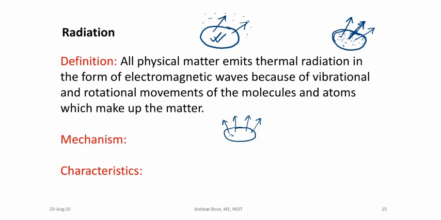Now coming to the characteristics, there are two very important characteristics of radiation. The first one is that if the temperature of the body is high, then the rate of thermal radiation coming out is more.